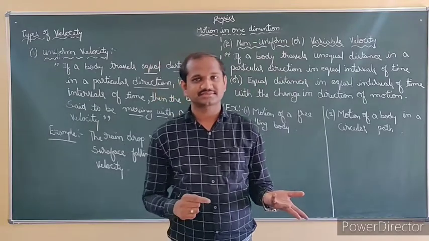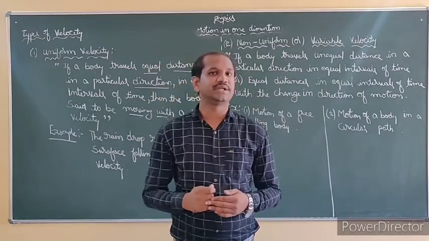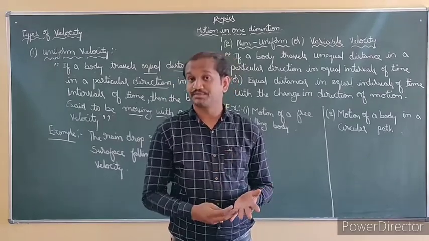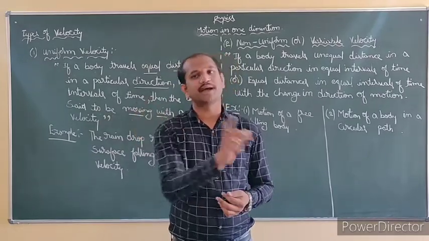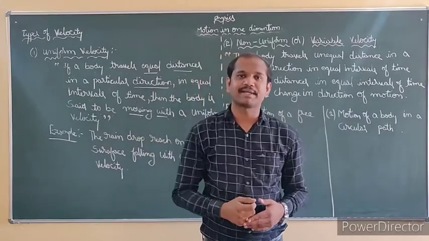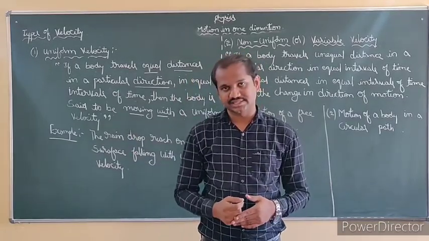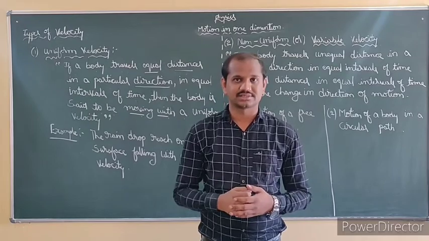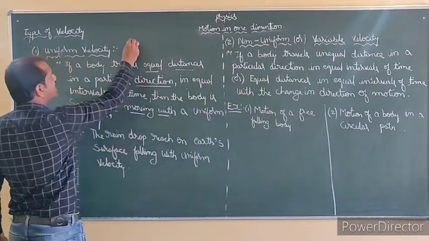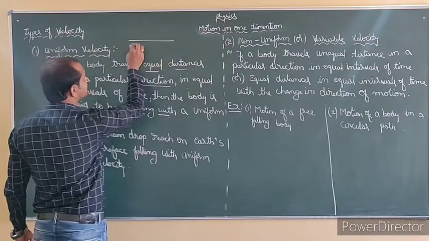Very simple. Now, one more thing we need to keep in mind. In the case of uniform speed, I took a bus moving from Bangalore to Hyderabad. I can't take the same type of example in the case of velocity, because for uniform velocity a body should always travel in a straight line.